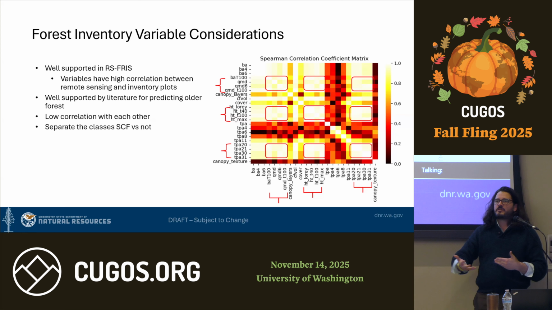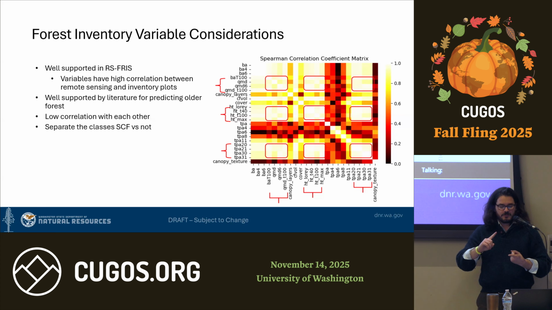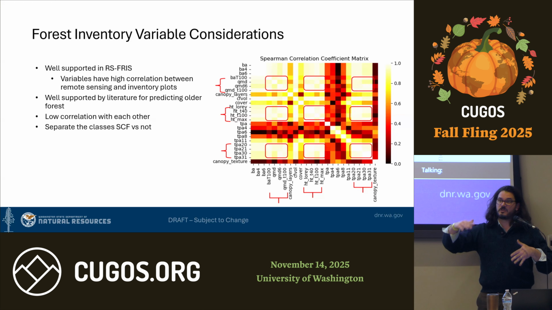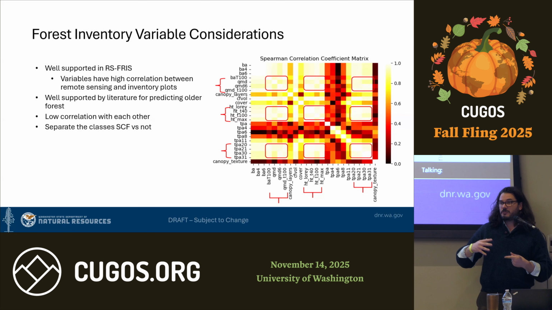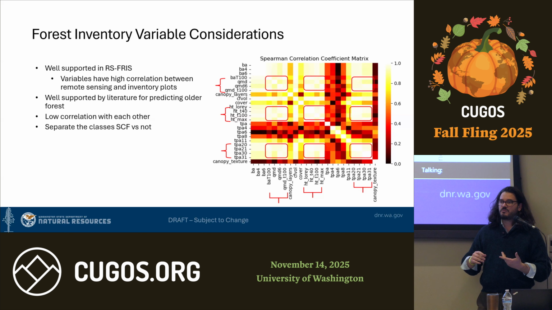So when we're thinking about variables that we would want to even give to the model, we want RS-FRIS. We have this remote sensed inventory that comes from photogrammetry, which is largely height-based. So certain things are highly correlated between our remote sensed inventory and a ground plot where we're counting up all the trees: things related to height, maybe related to cover.